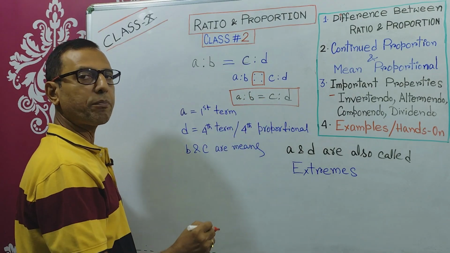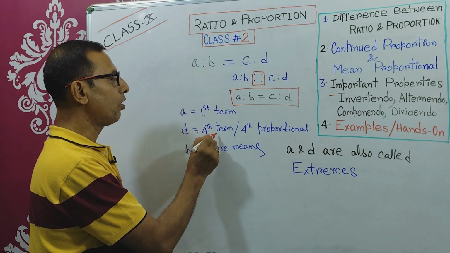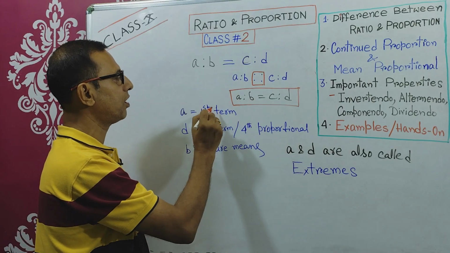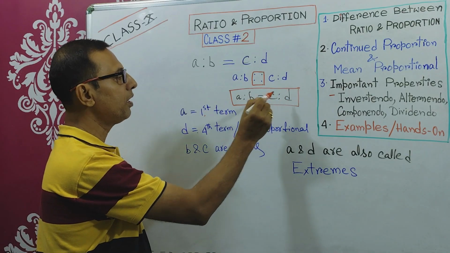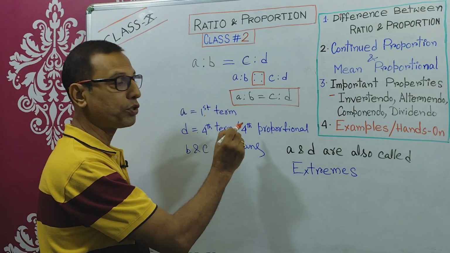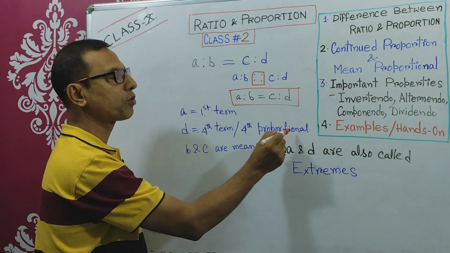Now if this is a proportion, A is called the first term and D is called the last one. So A is to B equals C is to D. That means A is the first term, D is the last term, and the last term is called the positional proportional. That means if D is the fourth term, D can be called the fourth proportional.